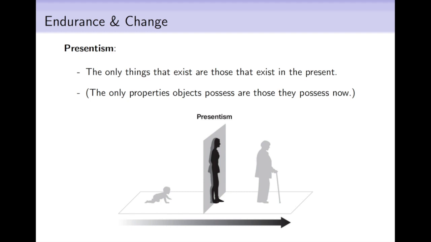So Presentism is an interesting view that says that the only things that exist are those things that exist in the present. And more generally, they say that only the present moment of time exists. So the past and the future don't exist. So maybe a bit of a surprising view.